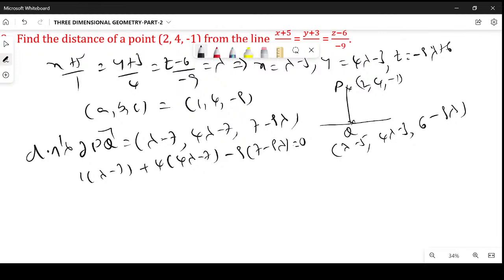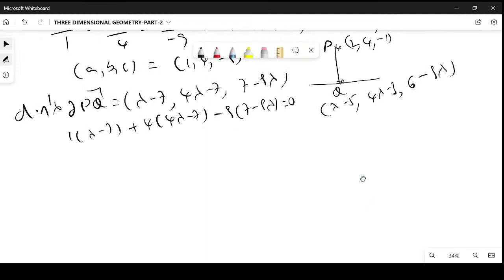Now you can find the lambda value. Simplify this. It gives lambda minus 7 plus 16 lambda minus 28, minus 63 and plus 81 lambda equal to 0.